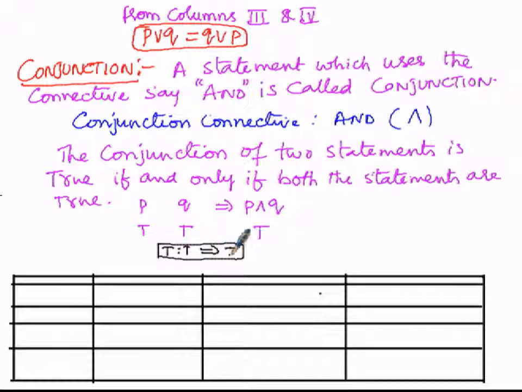The truth value of the first statement P must be true, and the truth value of the second statement also must be true. Then only the conjunction, that is P and Q, also will be true, and the remaining will be false. So that is F.